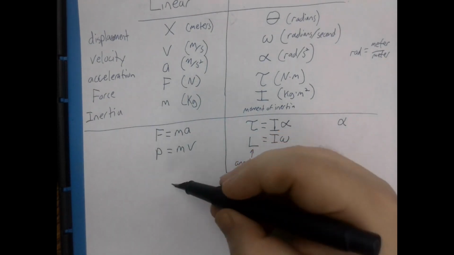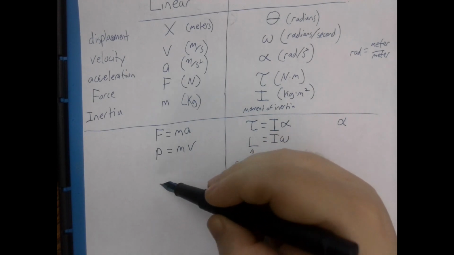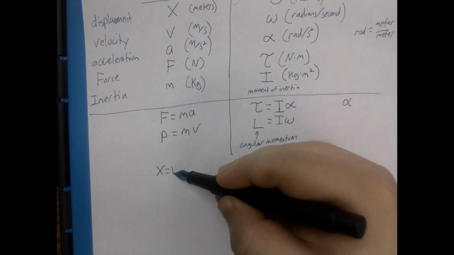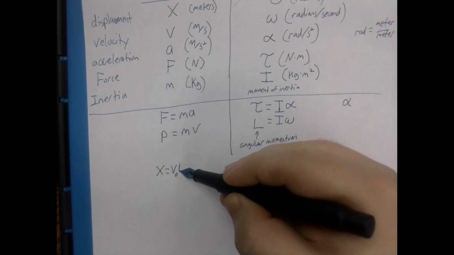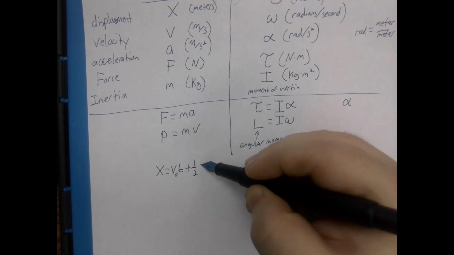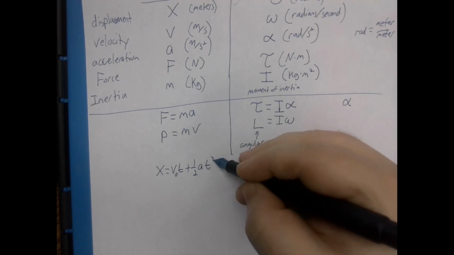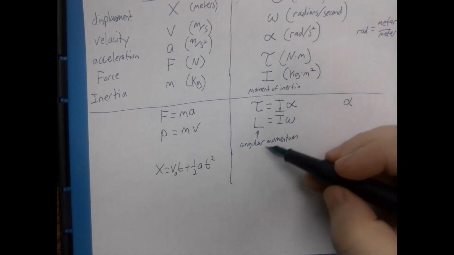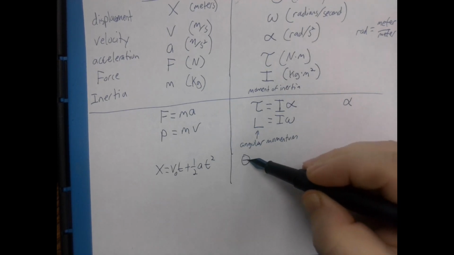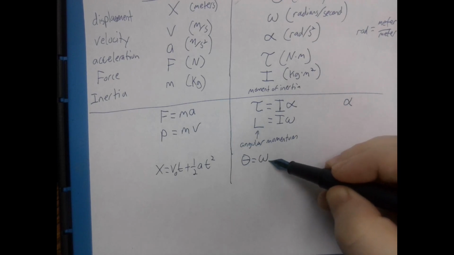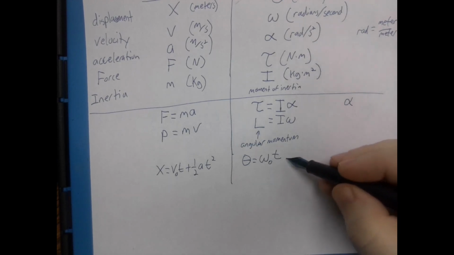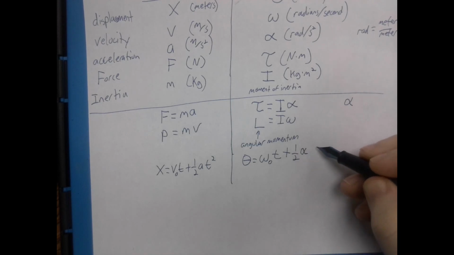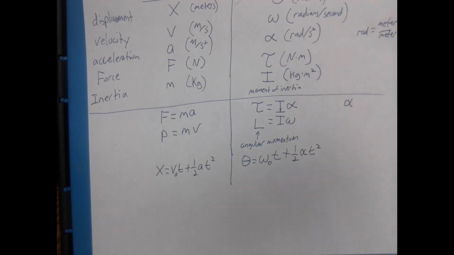So we have the equation x equals v naught times t plus 1/2 a t squared, your kinematic equations. In rotational mechanics, that would be theta equal to omega naught times t plus 1/2 alpha t squared.